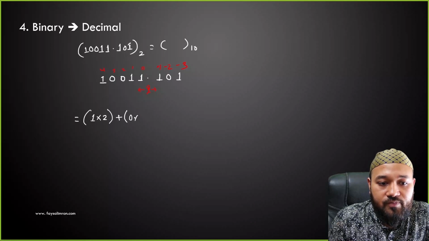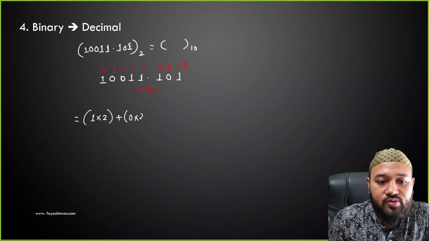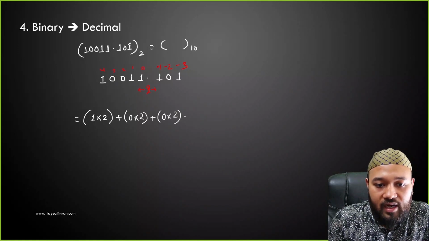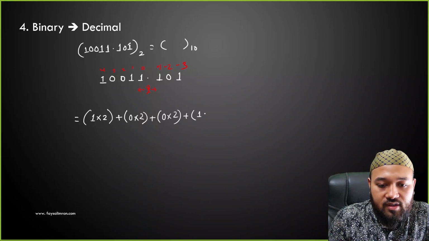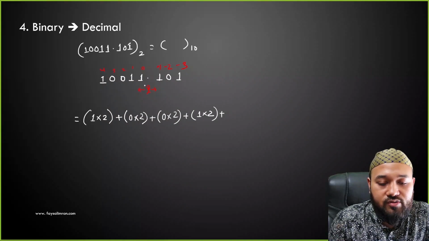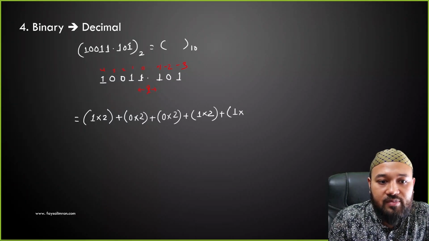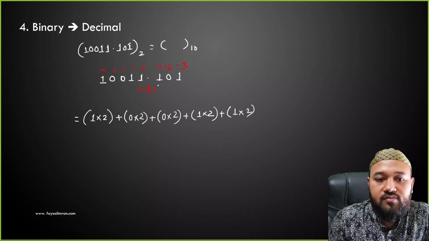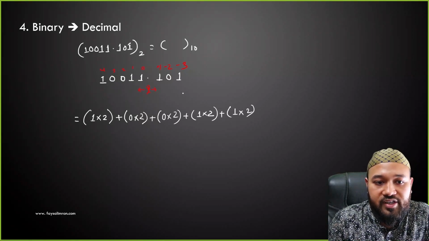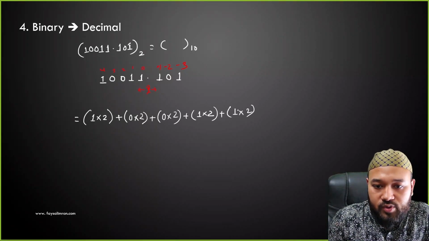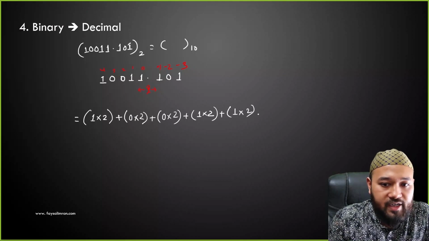For each item we need to do that. So here 0 times 2, also 0 times 2, also 1 times 2, plus, and 1 times 2. Here we found a radix point, so we don't need to do anything for this.